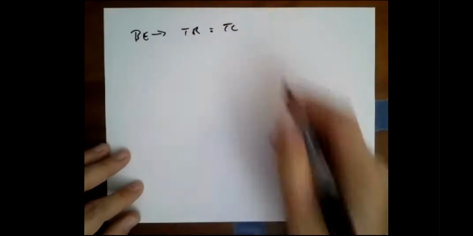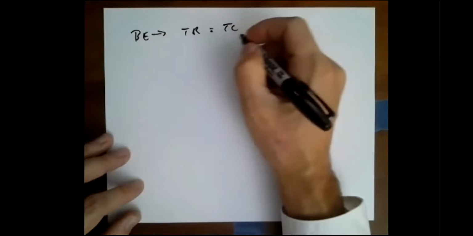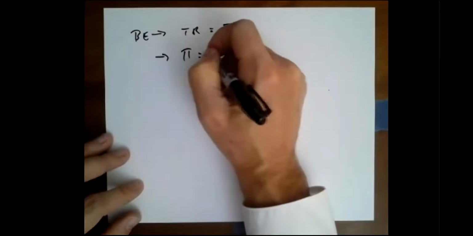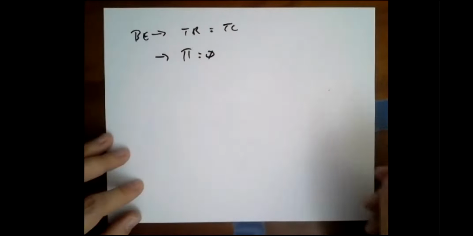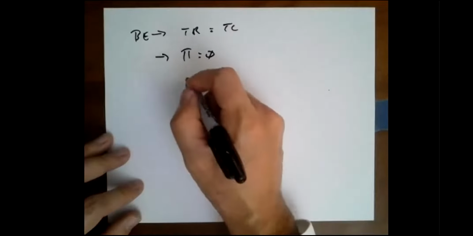So the break-even point is where total revenue equals total cost. Or you could say it a different way, where profit is equal to 0, right? Because when total revenue is equal to total cost, you get 0 profit.